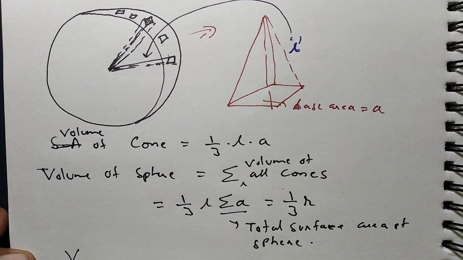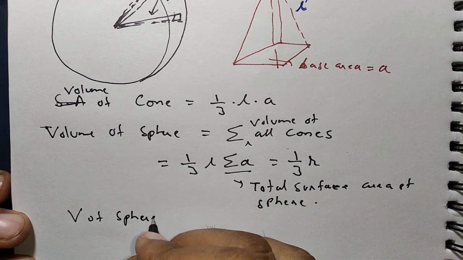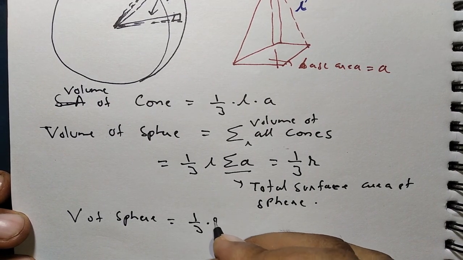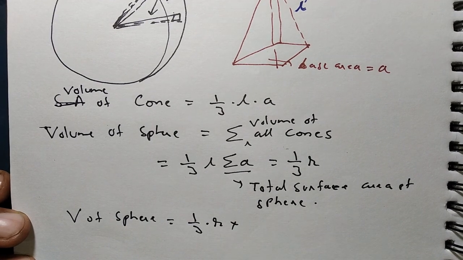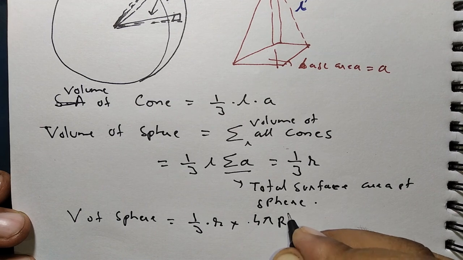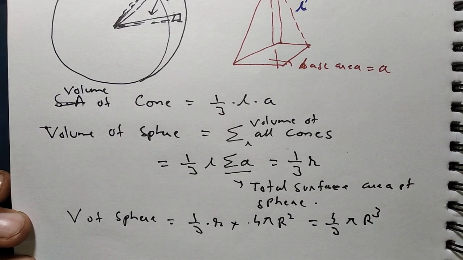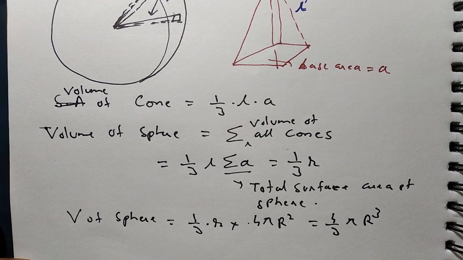So the volume of the sphere is equal to 1 by 3 into R into the total surface area of the sphere, which we have calculated as 4 pi R square. So we get 4 by 3 pi R cube. This is a very basic proof to calculate the surface area and volume of a sphere.